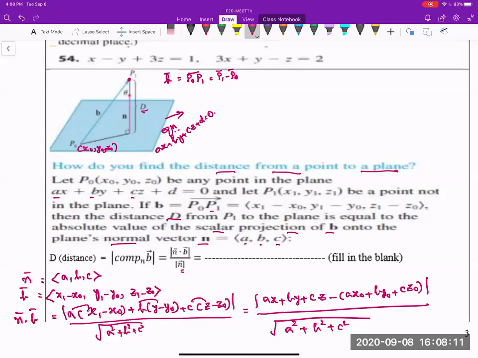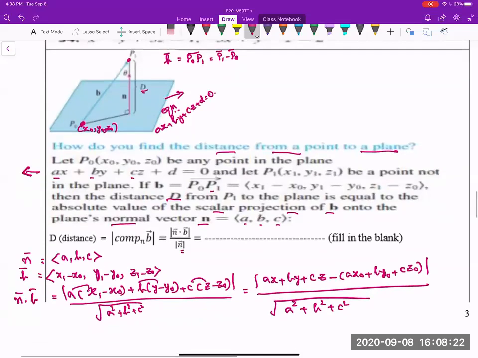So this value x0, y0, z0 is a point on the plane. That means x0, y0, z0 must satisfy this equation.